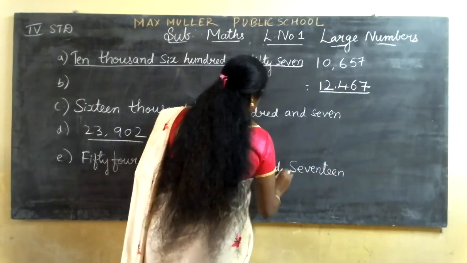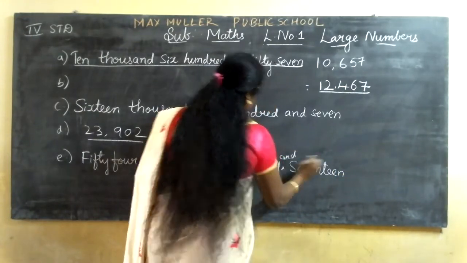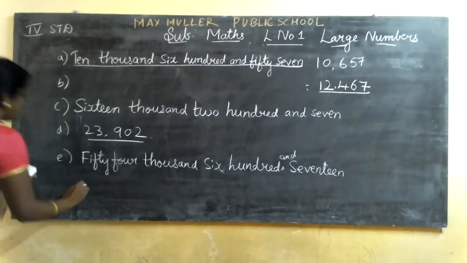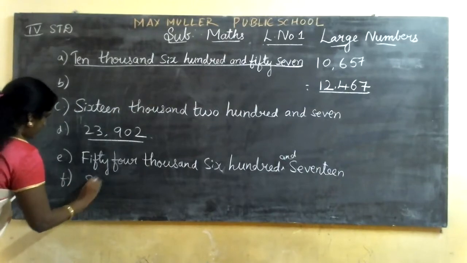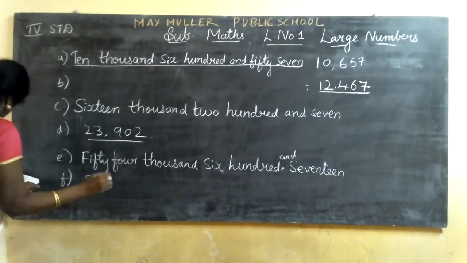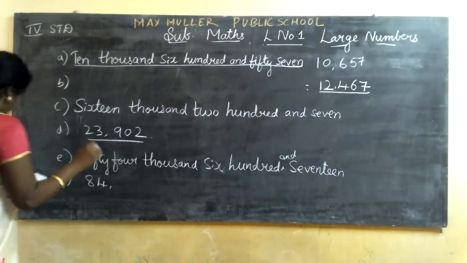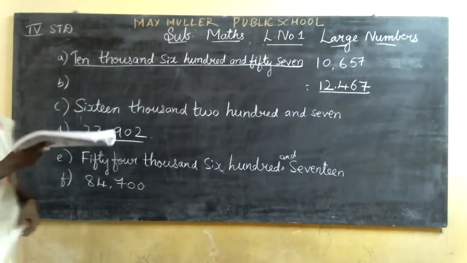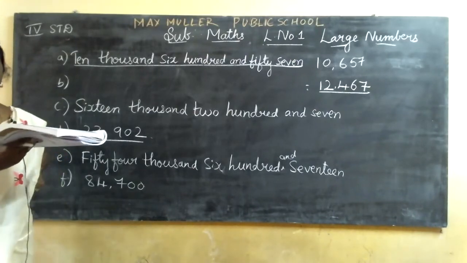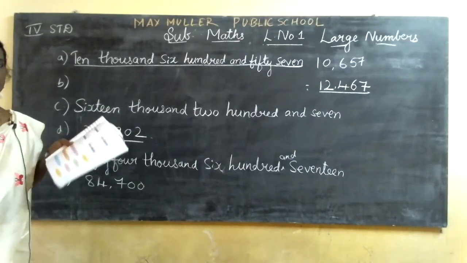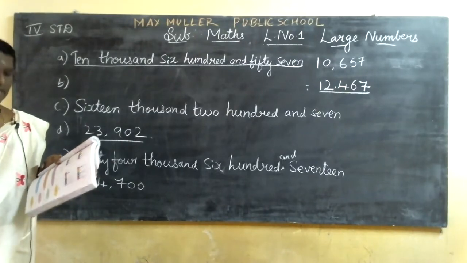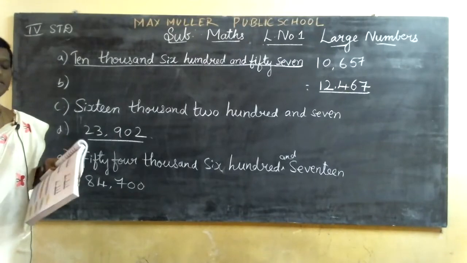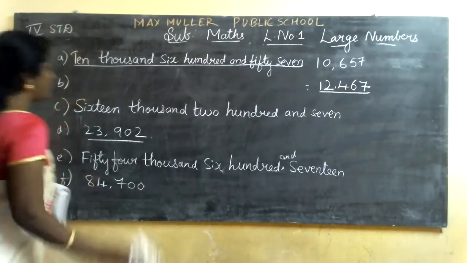And I did not write 617. Last one, 84,000. See here, F1, 84,000 and 700, 84,700. Last one, you should only write the number names. 15,857. Read that as 15,000, right? 15,857. Right? Last one, you should only write, children.